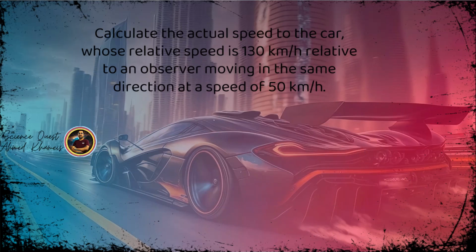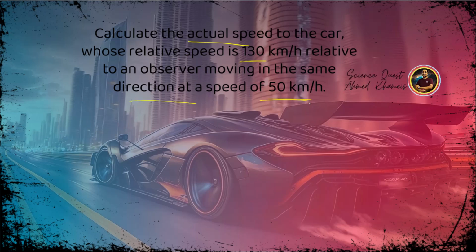Calculate the actual speed of the car whose relative speed is 130 km relative to an observer moving in the same direction at a speed of 50 km per hour. So the car and the observer are moving in the same direction.